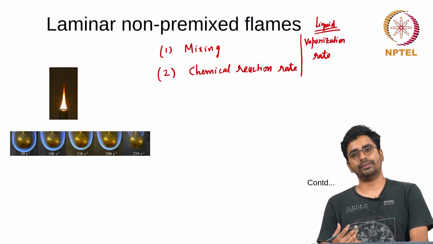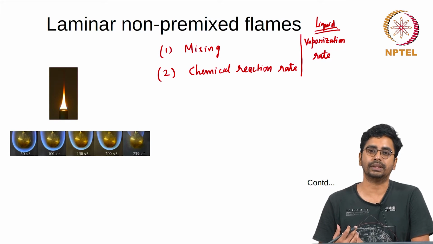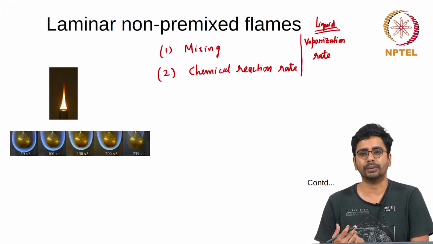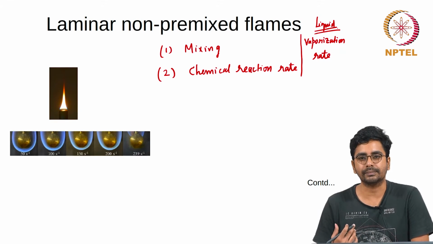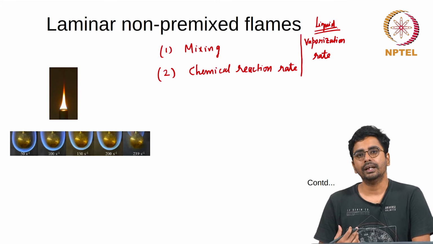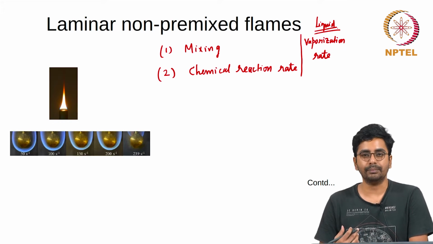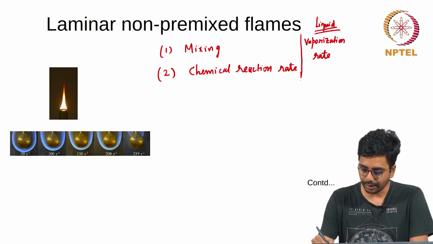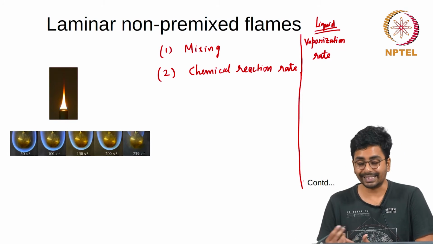Every other process, including mixing, ignition and the rate of chemical reaction, the time scales associated with these processes are usually much smaller than the time scale of vaporization, and therefore most propulsion systems, in fact all propulsion systems using liquid fuels, are designed by keeping in mind that it is the vaporization time that is rate limiting. Okay. That is a statement that can be made that is generally true.